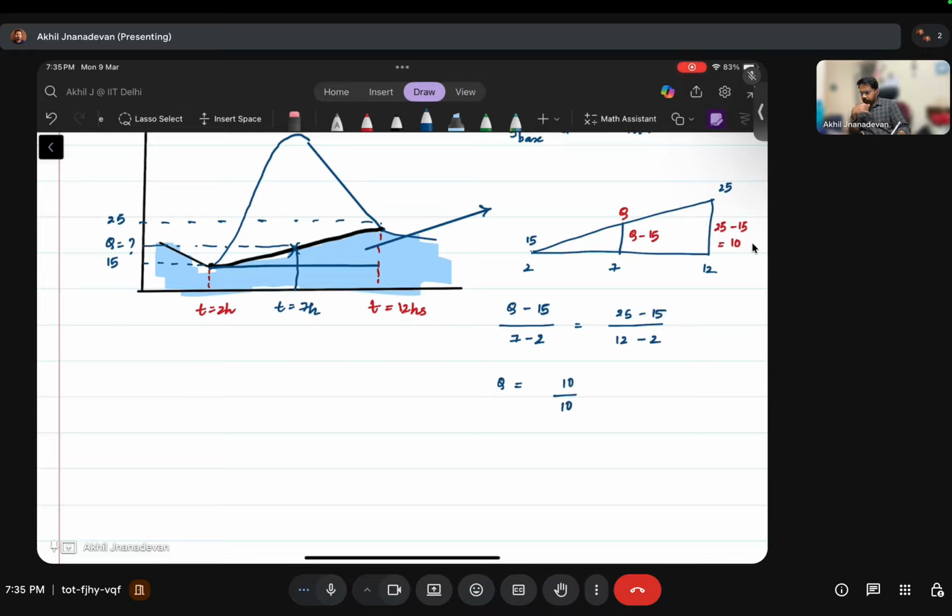So if you solve this, the numerator will be 10, the denominator is also 10, so this will be 1 into 5 plus 15, that is 5 plus 15, which is equal to 20 meter cube per second. So that is the base flow.